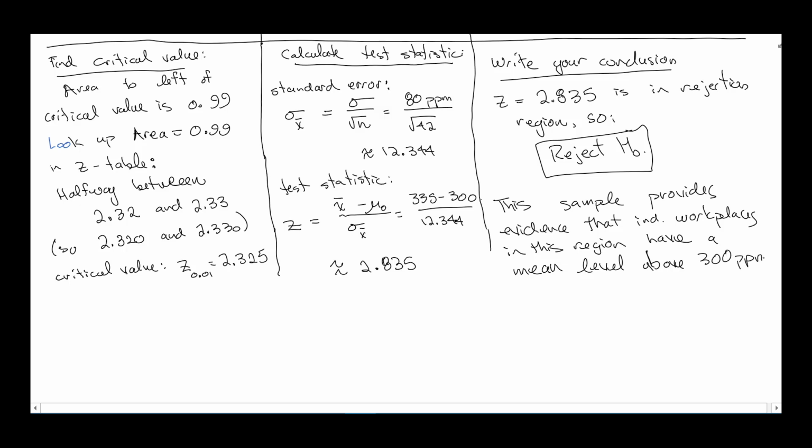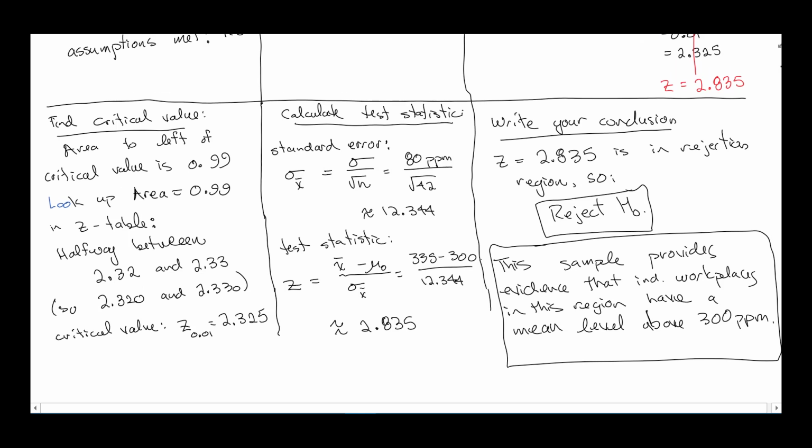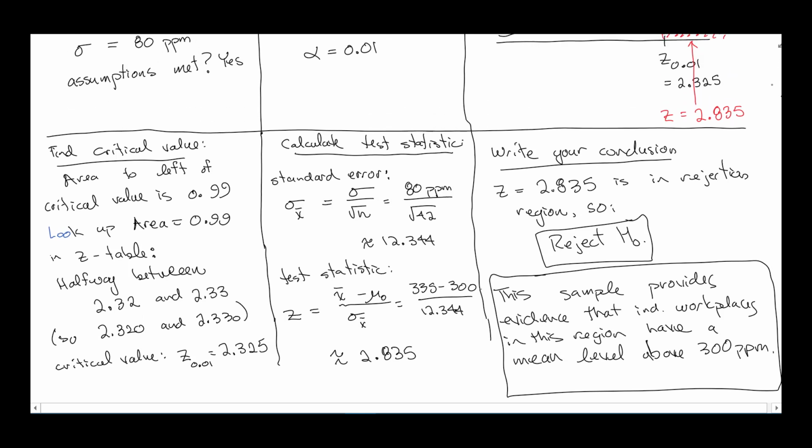So something along those lines. Notice we have not said for absolute certain that their mean is above 300, but based on the sample, that seems to be the way the evidence goes.